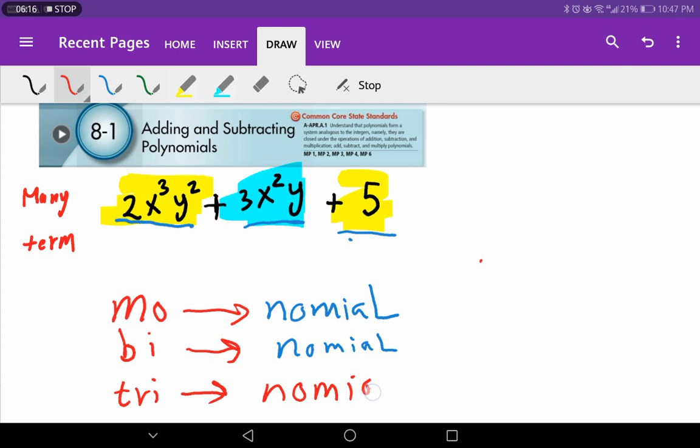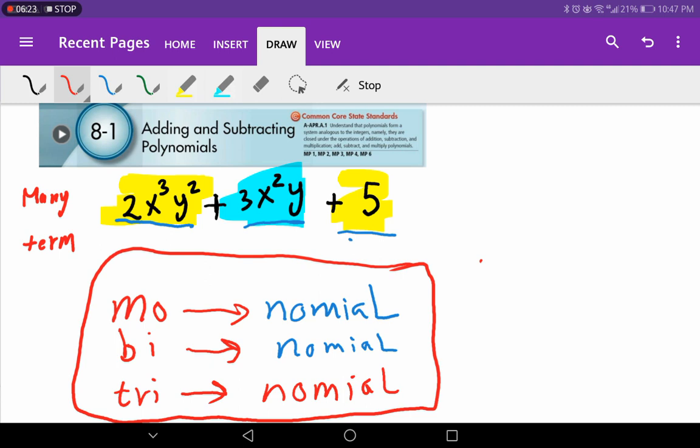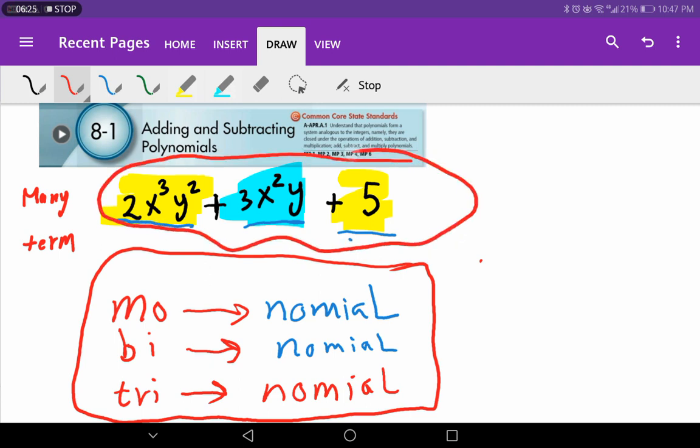So these words refer to how many terms the polynomial holds. In general, the general name is poly, and the specific name depends on how many terms. If I have one term, I call it monomial, one word. If I have two terms, it is binomial, and if it's three terms, trinomial. Are you happy? Okay, I hope so.